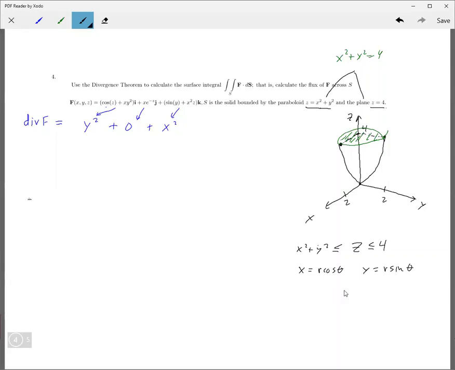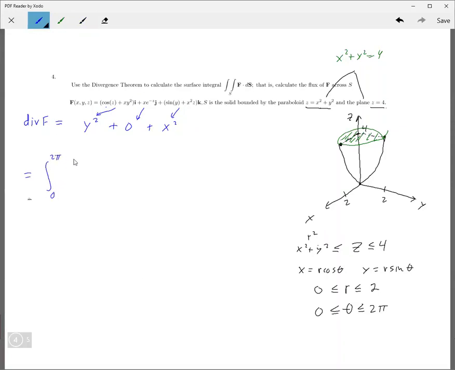And what's the limits on r and theta? Wouldn't theta be 0 to 2 pi? Exactly. R is going to be 0 to 2, exactly. So r goes from 0 to 2. And then I guess this right here is going to be r squared, right? Yeah. Okay, so that means we can set the integral up.